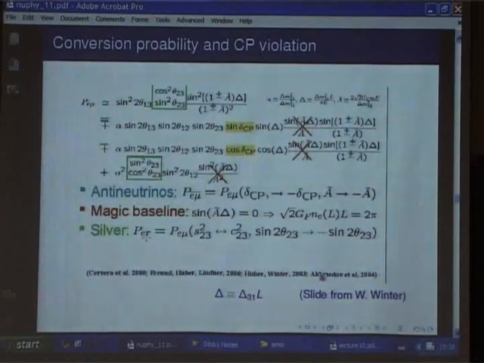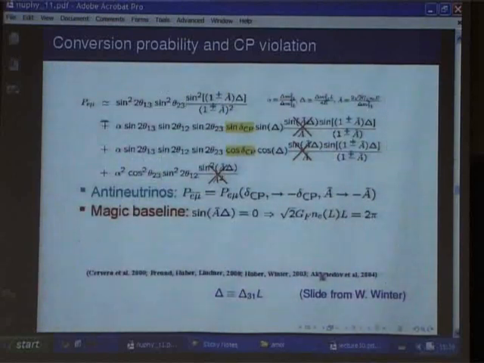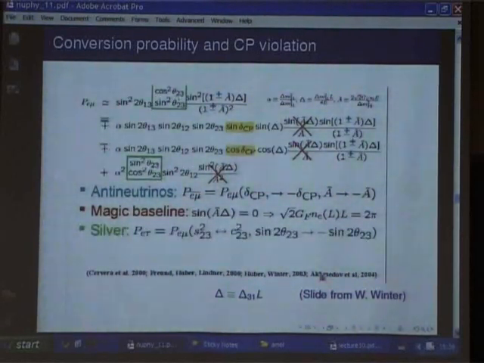If you go to ν_e to ν_τ, all you need to do is, wherever you have sine square 2θ_23, change it to cosine square 2θ_23. So here you get sine square, but if you go to ν_τ, you will get cosine square. Similarly, here cos square becomes sine square.